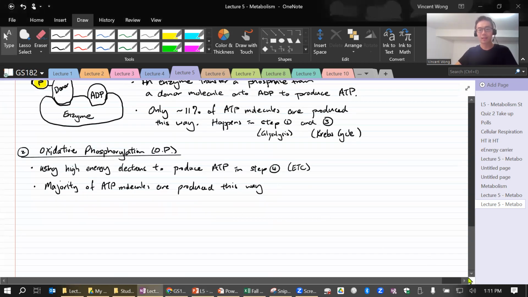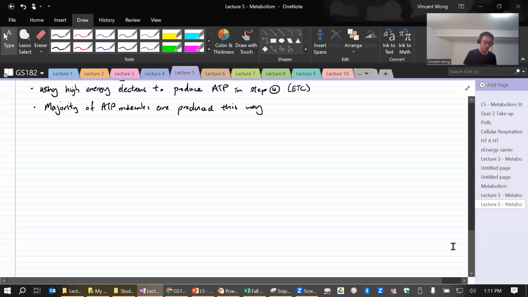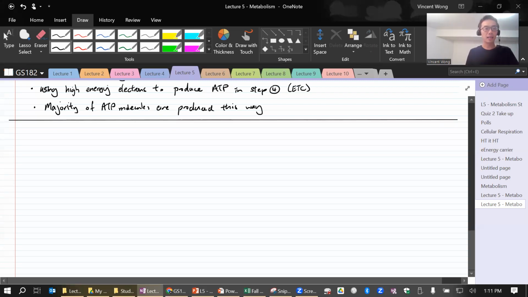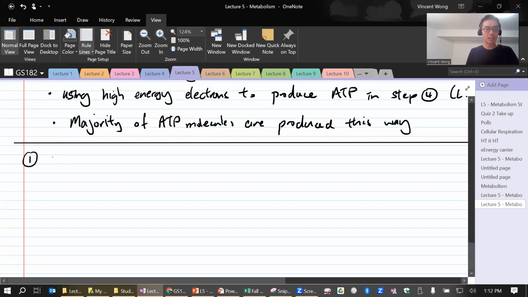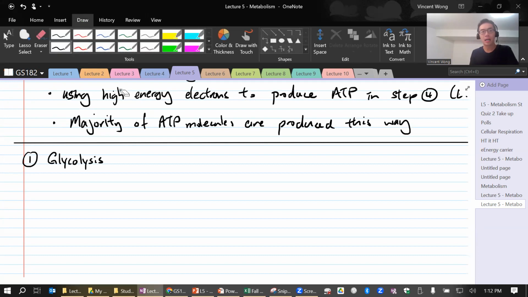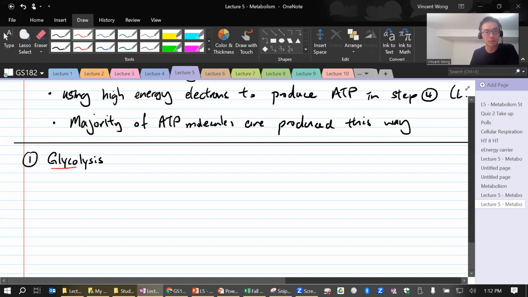All right. So now we're going to focus on the actual process. 4 stages. The first step is glycolysis. Glyco is referring to glucose. Lysis is breaking.